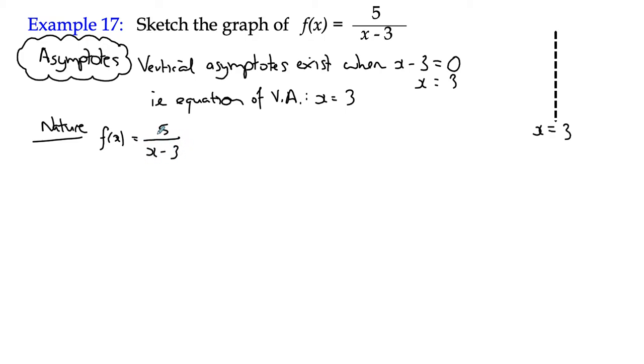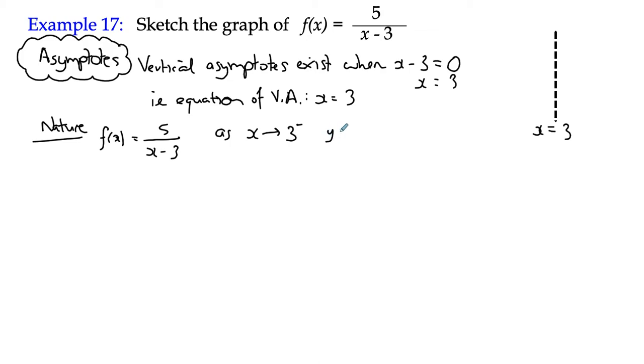We don't need to factorize either the numerator or our denominator, but we do want to check as x approaches, let's use the arrow instead of the equal sign, as x approaches just to the left of 3, just a wee bit less than 3, something like say 2.9.